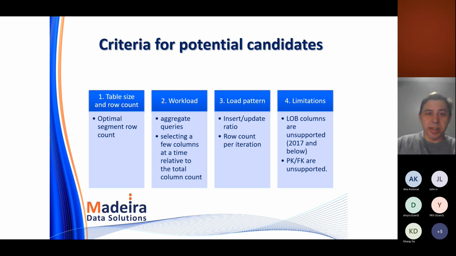And on the other hand, Columnstore indexes contain segments, and every segment contains 1 million of rows maximum, and it's a unit.